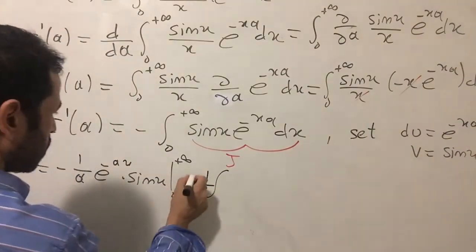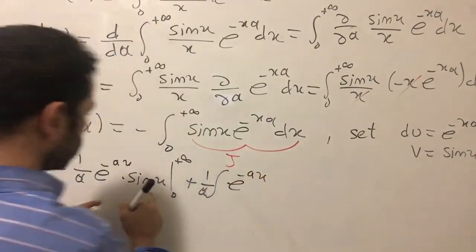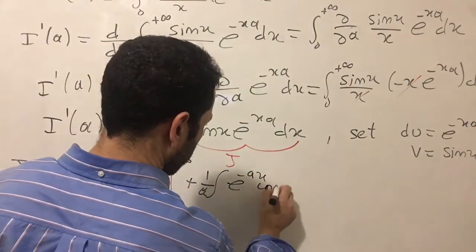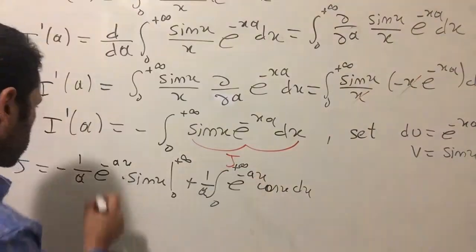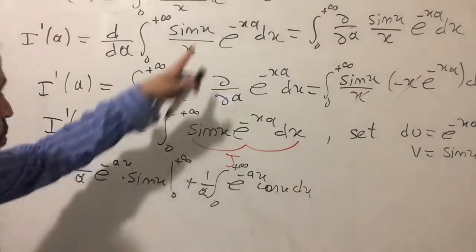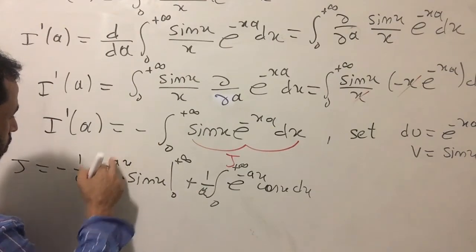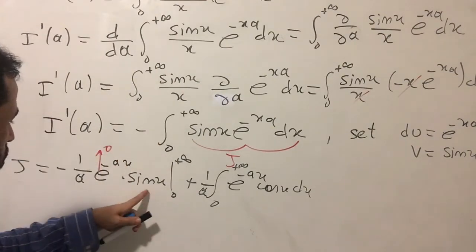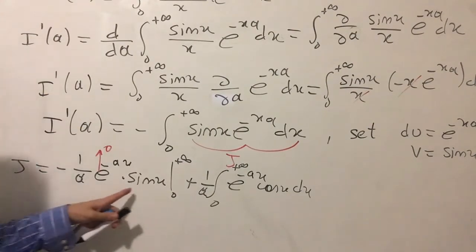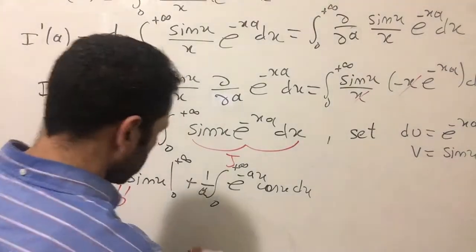With this minus sign it becomes plus, multiplied by e to the minus ax. I differentiate sine x, it becomes cosine x dx, with the bounds from 0 to plus infinity. Since a is positive, as we mentioned before, when you plug plus infinity into x this term equals 0. Minus 0, because when you apply 0 into sine x it gives 0 as well. The entire bracketed term equals 0.